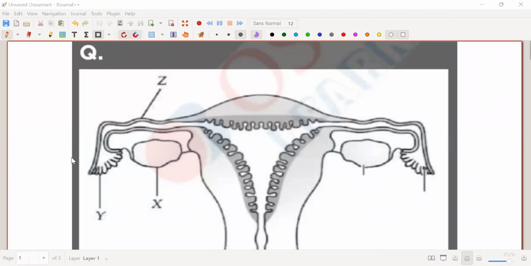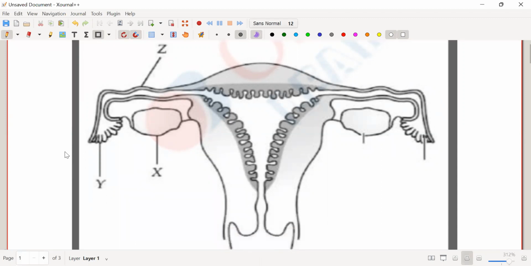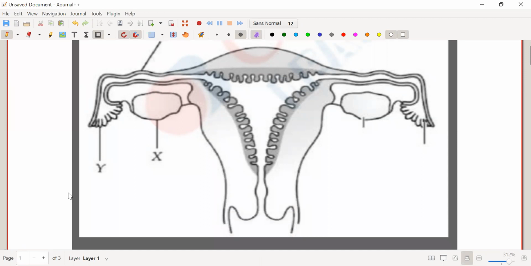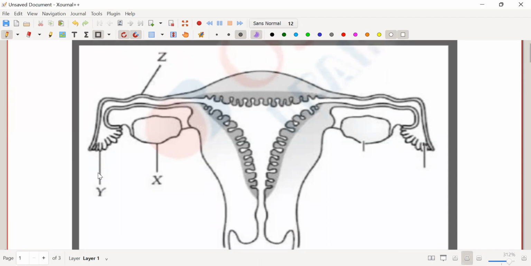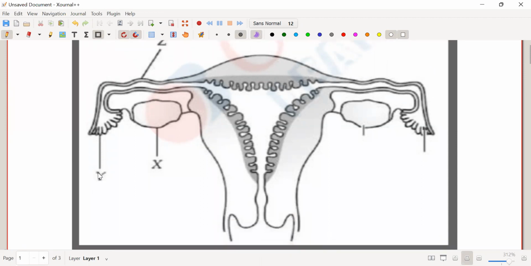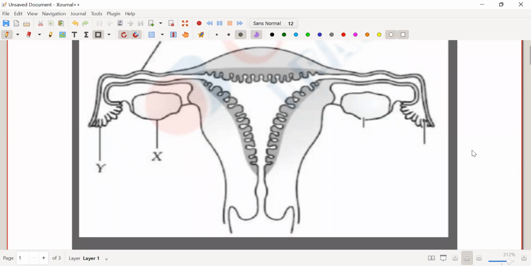Can we start? Yes, sir. All right, these are the questions which we make. They'll give the structure and we have to name it, which is X, Y, and Z, where the ovary starts and everything.